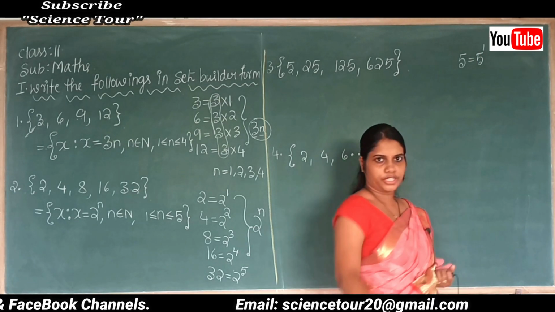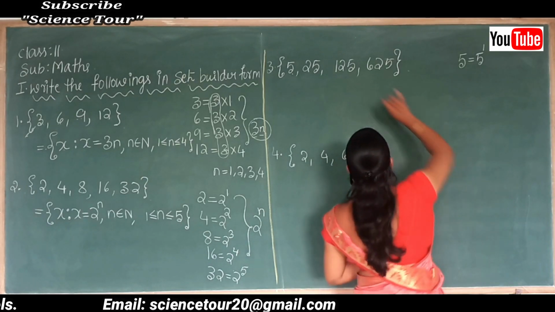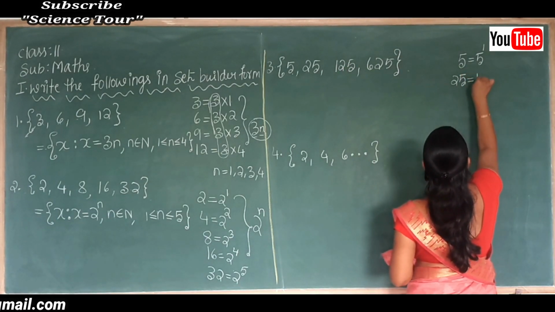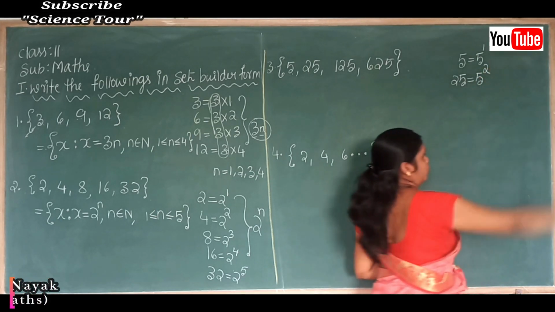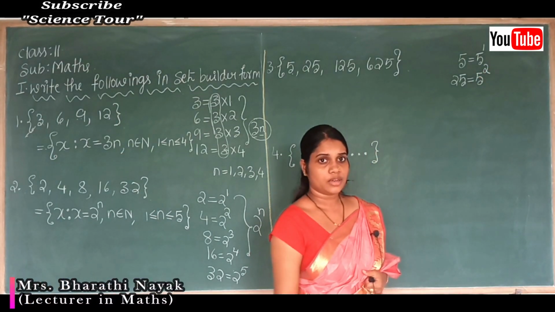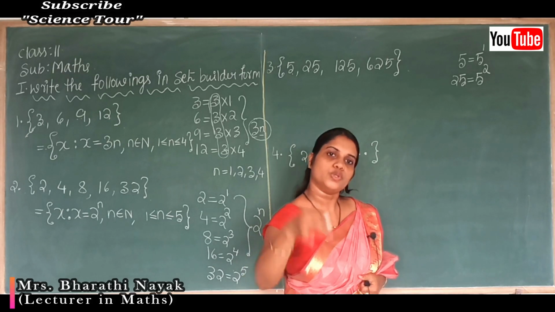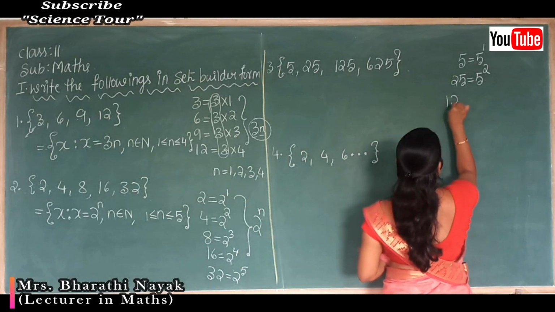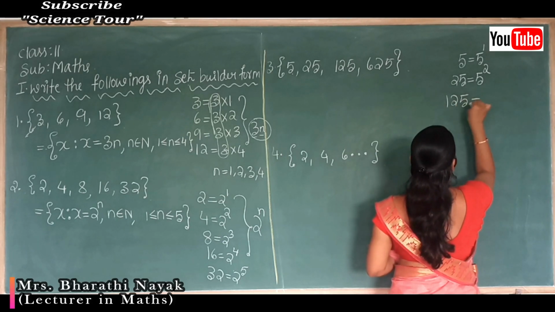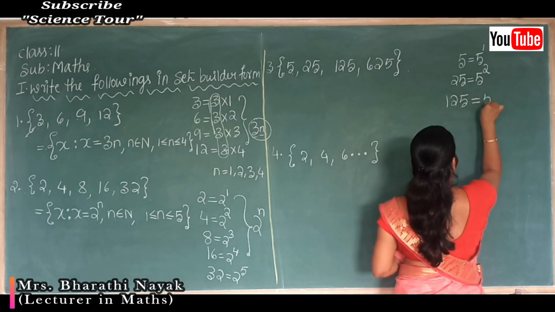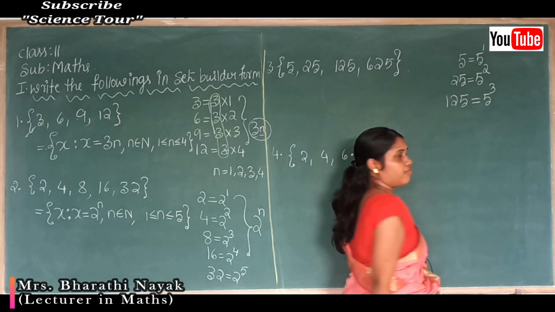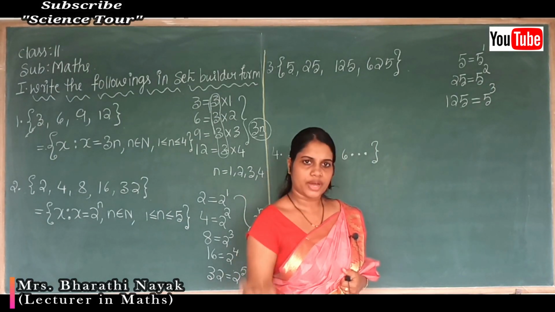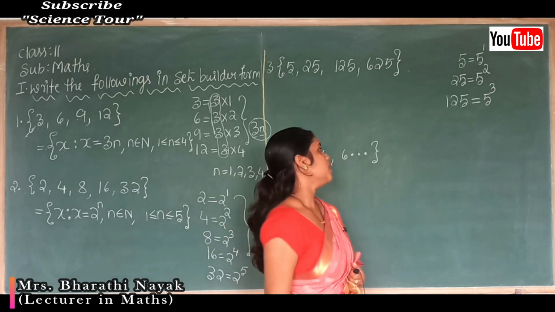The next number is 25, which is 5 square, that is 5 into 5 equal to 25. The next number is 125, which is 5 cube: 5 into 5 into 5 equal to 125.